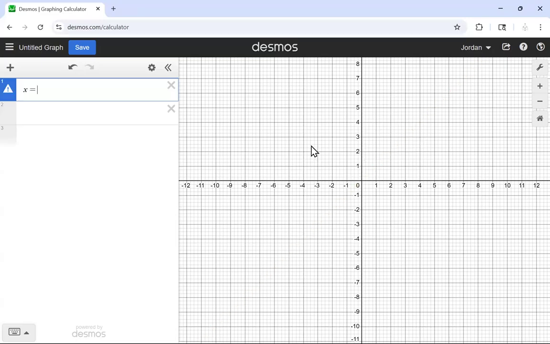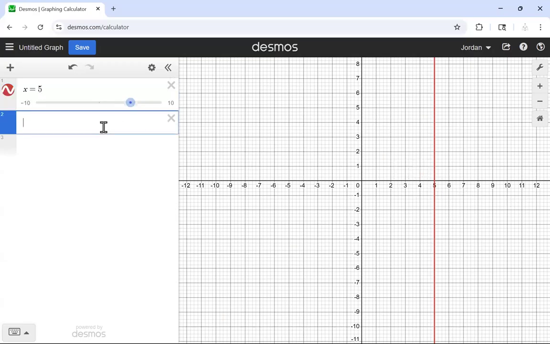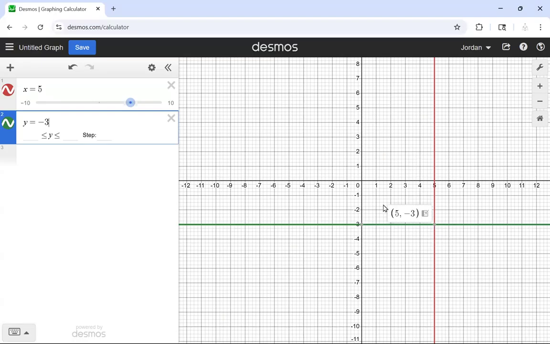So if I go x equals a number, something like 5, and then y equals a number, let's say something like -3, we can think of drawing a rectangle and getting to the point 5, -3.